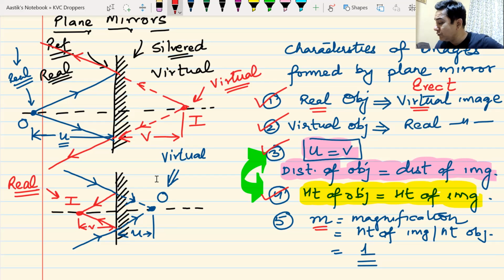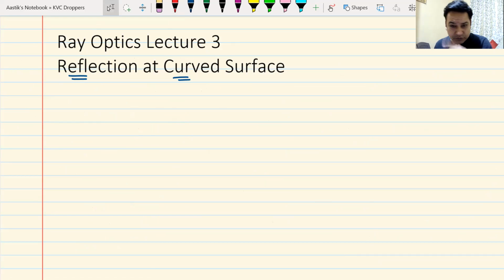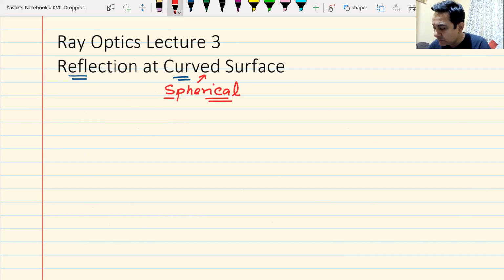Now we move on to reflection at curved surfaces. I hope you have noted down the point. Instead of calling it a curved surface, I could have also called it reflection at spherical surfaces, because the surfaces that we are going to deal with are going to be spherical in nature. They will be a part of a sphere, and from that concept of a part of a sphere, all the definitions of these mirrors will come about.